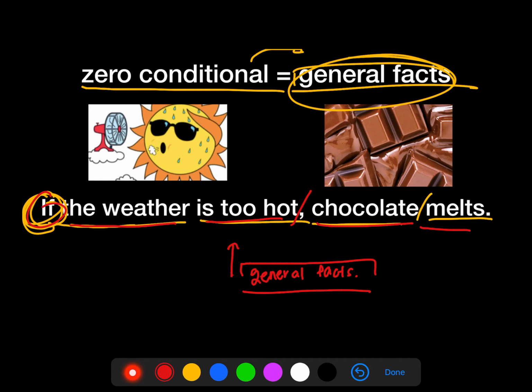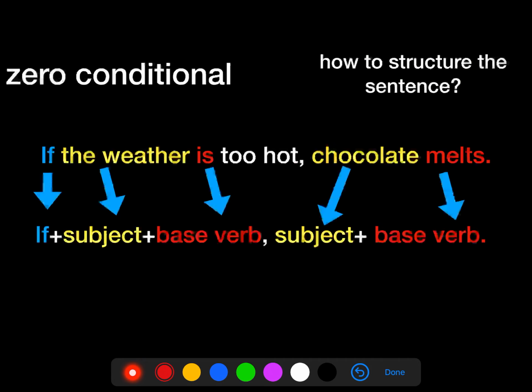So, how do we structure this sentence with zero conditional if? It's like this: if the weather is too hot, chocolate melts. It's really easy.